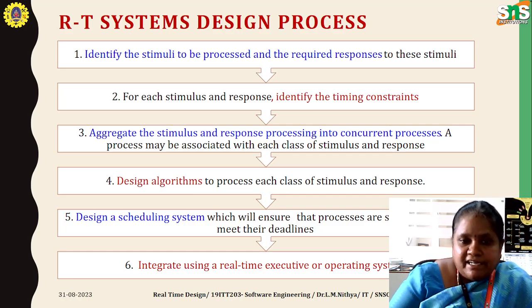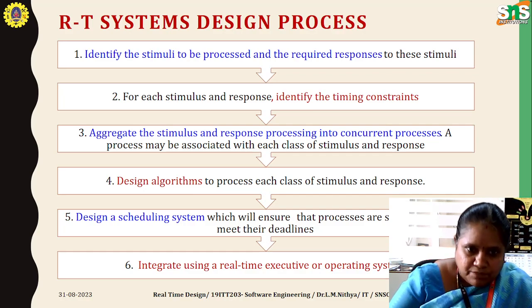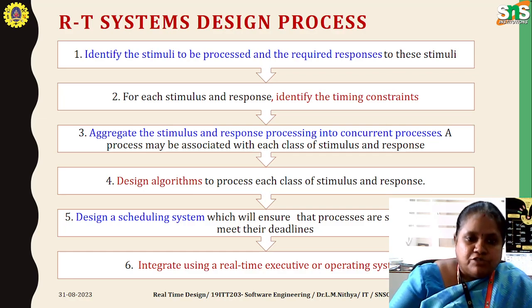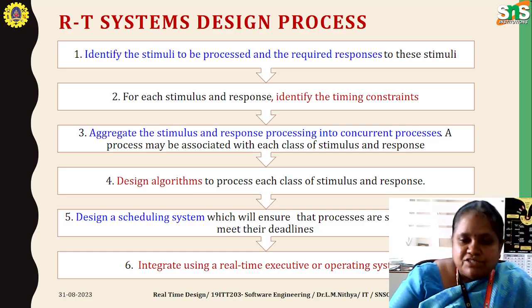Third, aggregate the stimulus and response processing into concurrent processes. A process may be associated with each class of stimuli and response. It should be a concurrent process. Fourth, we design algorithms to process each class of stimulus and response. Then we have to design a scheduling system which will ensure that processes are started in time and meet their deadlines.